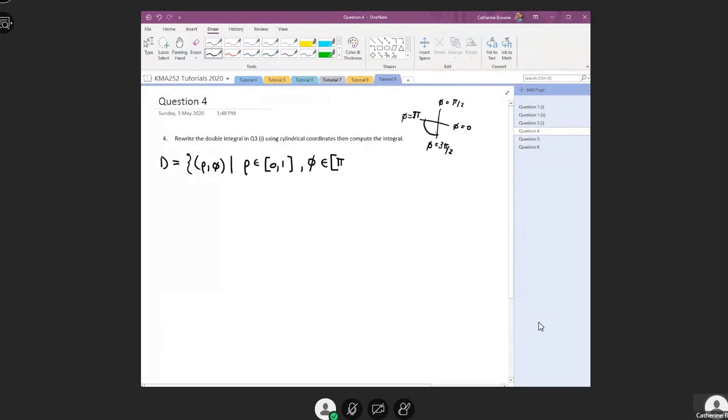So we're looking at this angle of phi through here. So we're going from pi to 3 pi on 2 there.